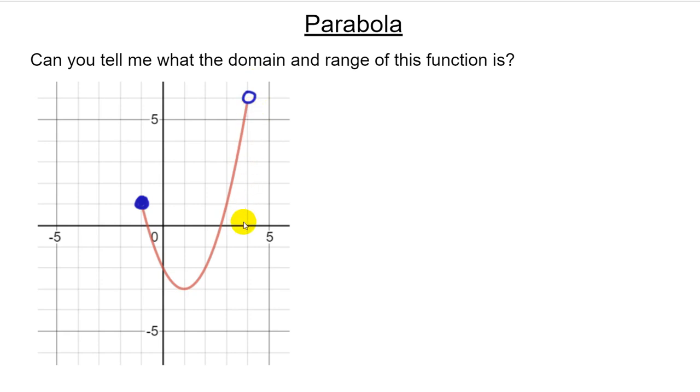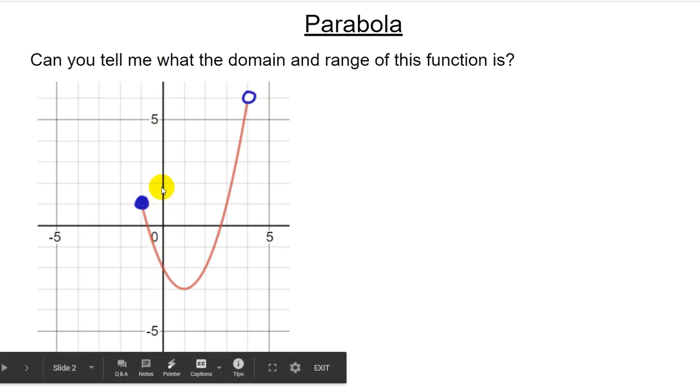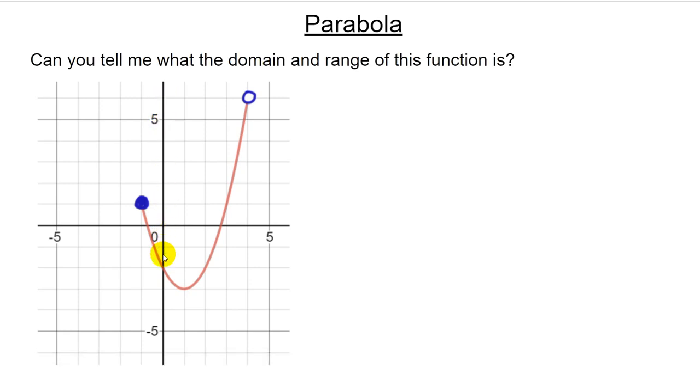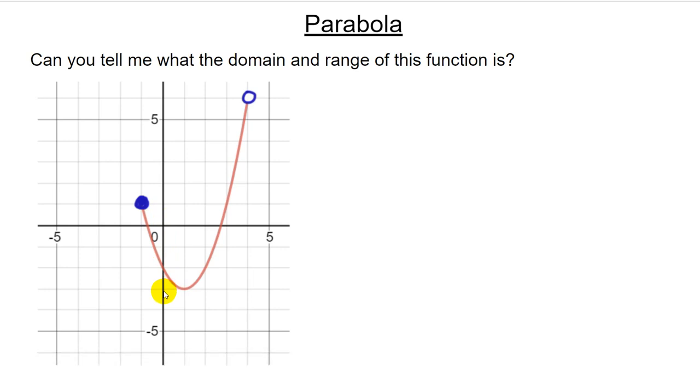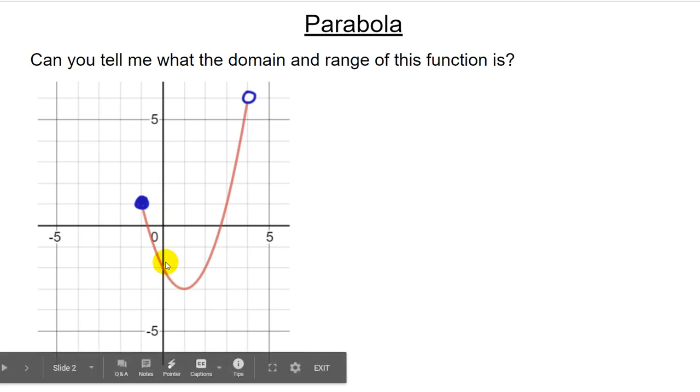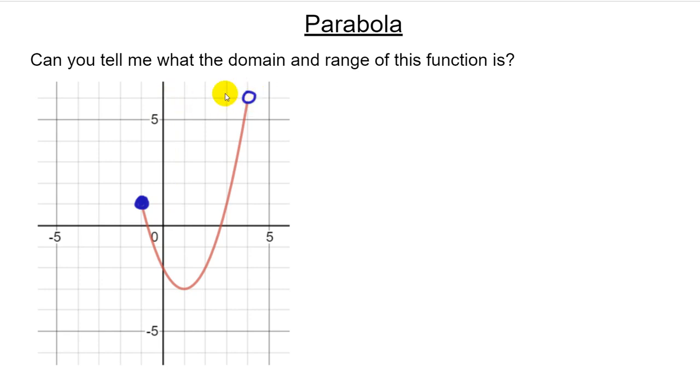If we want to represent the range of this function, range is going to be the y values. Follow my cursor here. If I go all the way down, 0, -1, -2, -3, that means it includes -3, and then it goes all the way up, but it doesn't include 6 because we have the open circle.